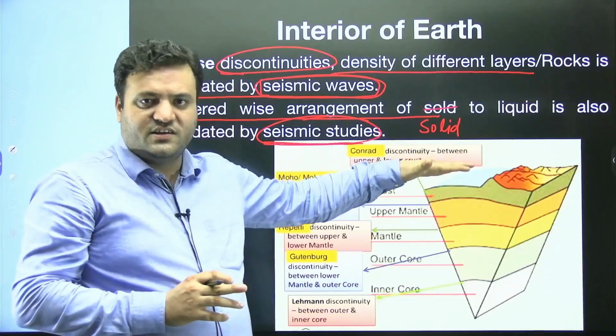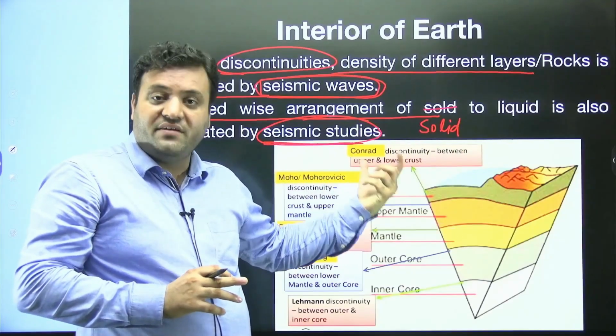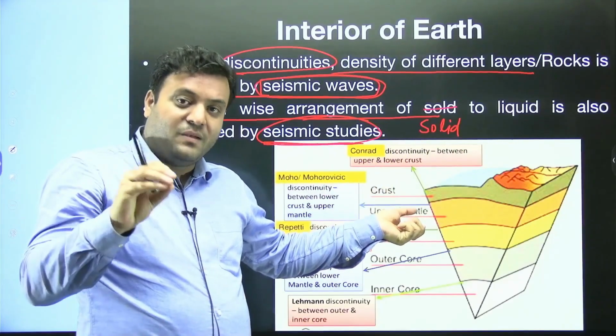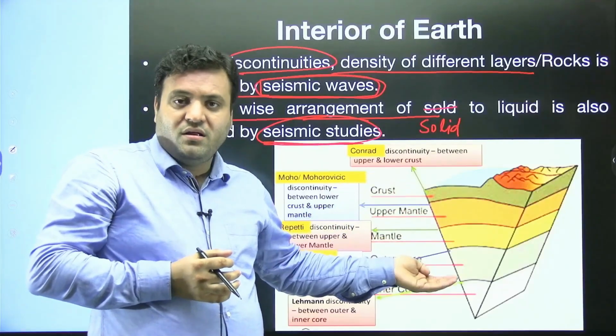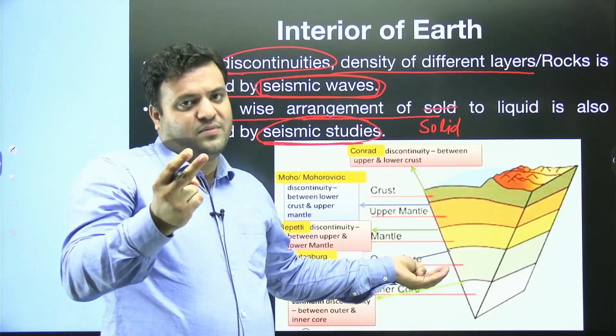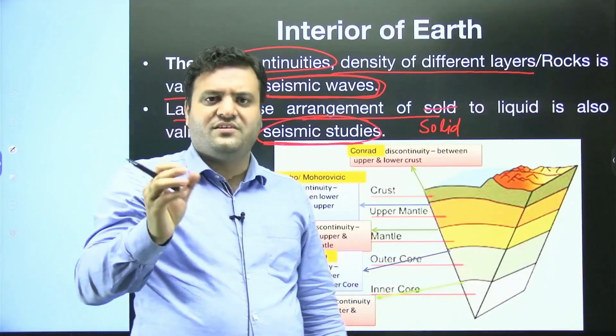Based on that, we say that the crust is solid, mantle is solid, in between we have an asthenosphere which is plastic in nature, then we have a core, and core is also comprised of two parts, among which we have an outer core which is liquid and an inner core which is solid.